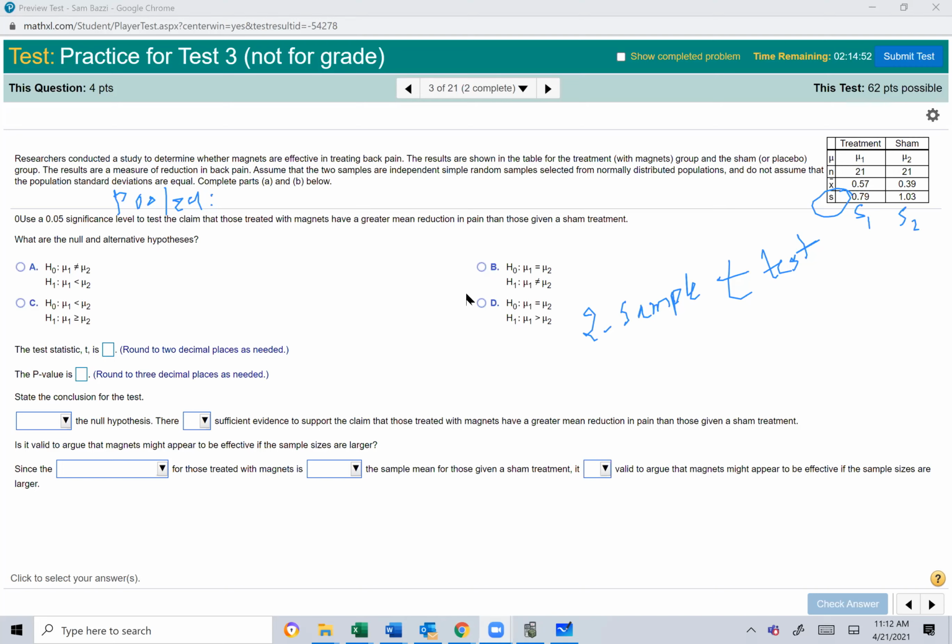Okay, Safa says it's B. Well, it says use 0.05 to test the claim that ones who were treated with magnets have a greater mean reduction than those who were treated with nothing. So you change to a D. And I agree.